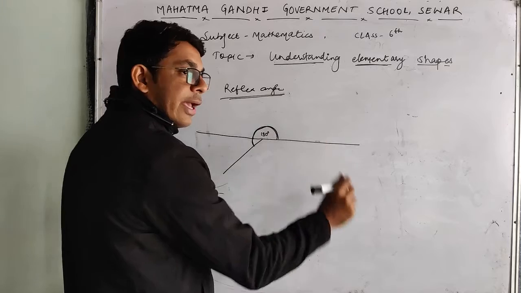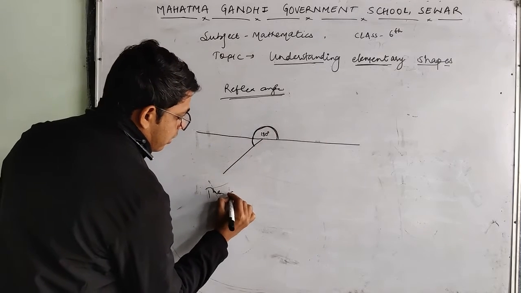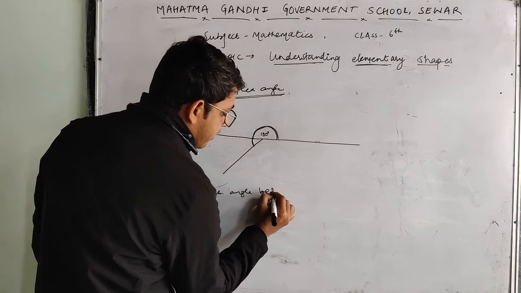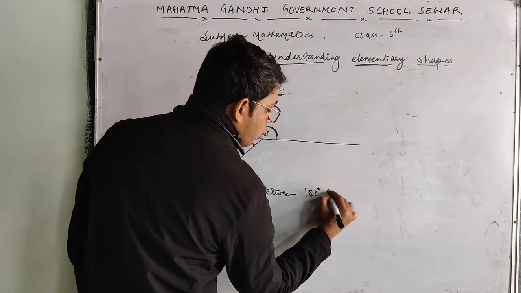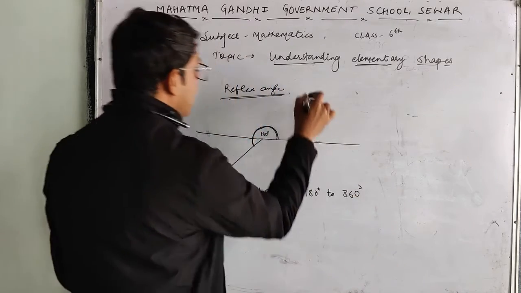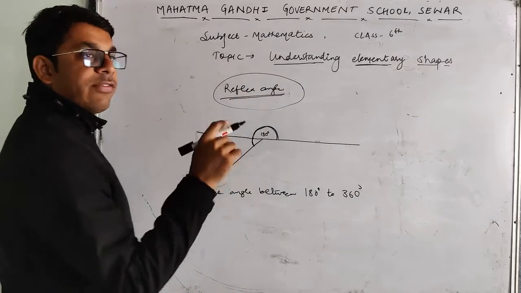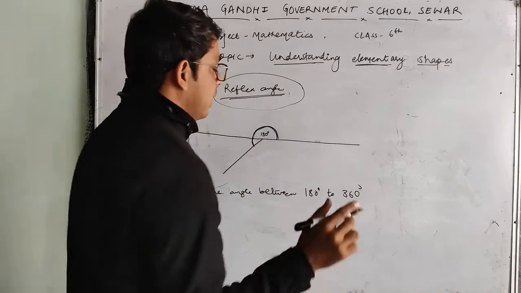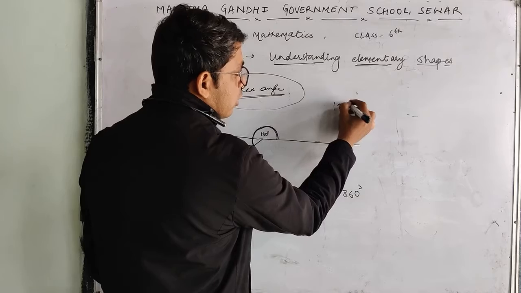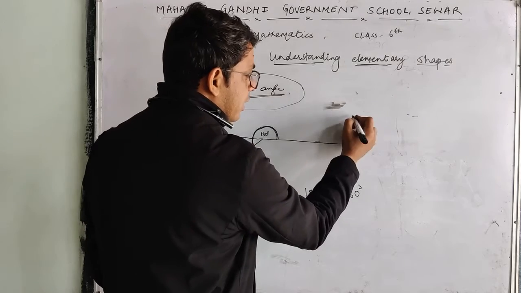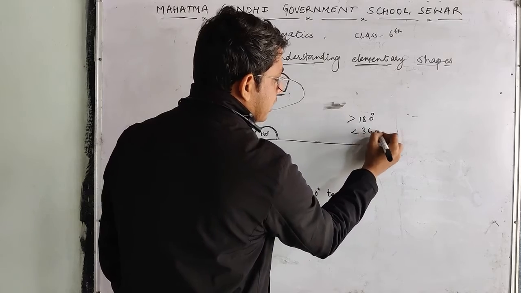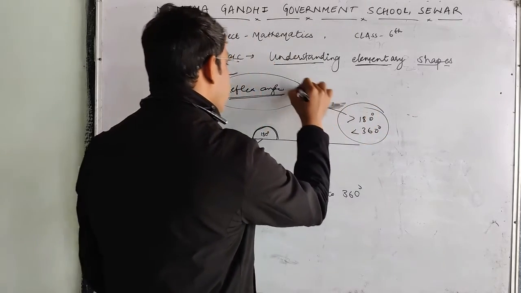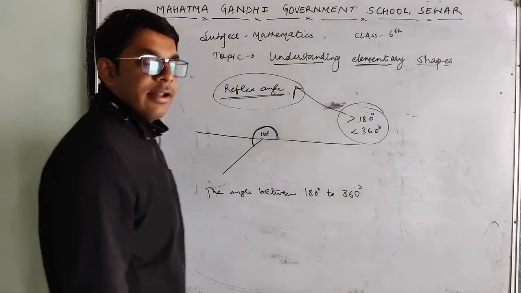So the angle between 180 degrees and 360 degrees is called a reflex angle. The reflex angle has a measurement greater than 180 and smaller than 360.